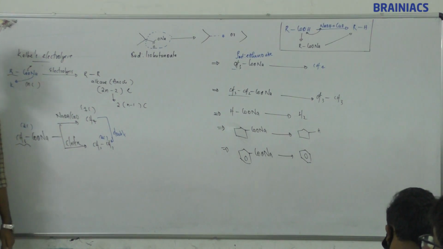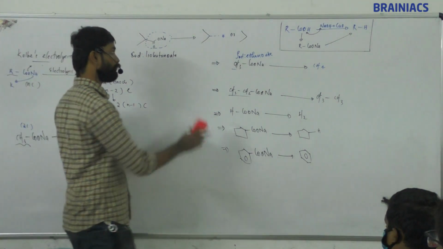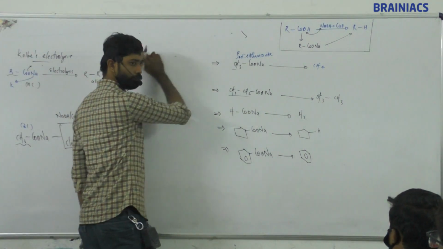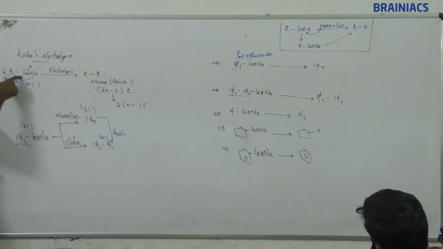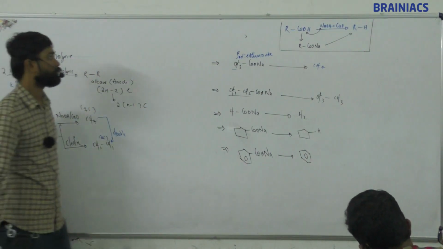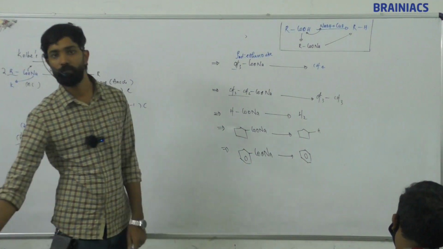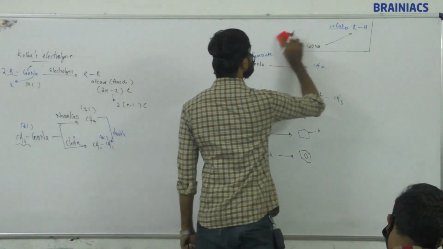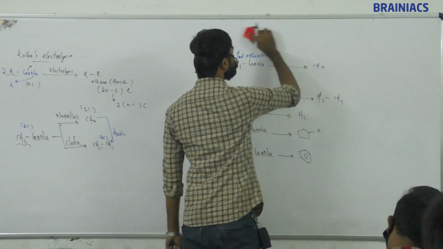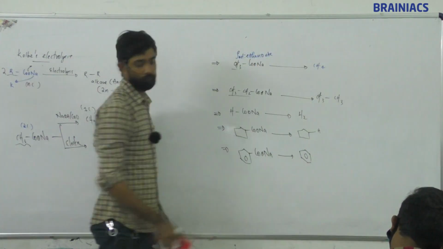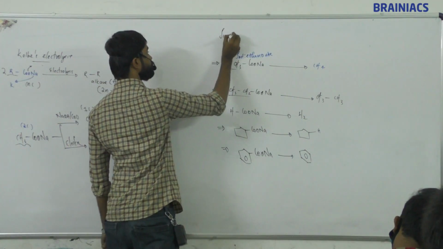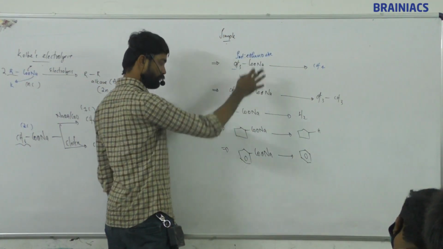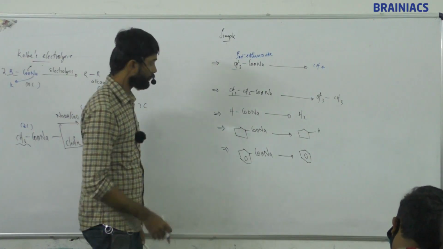That's the idea. And there are 3 types of Kolbe electrolysis also, because we require two carboxylates: simple, crossed, internal. First of all, simple.